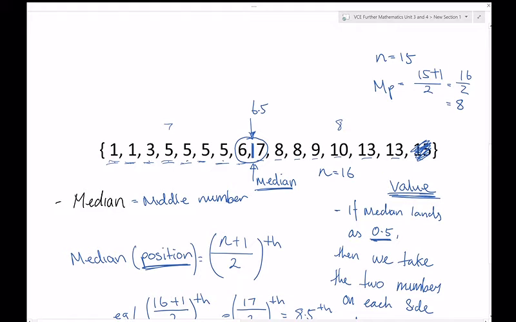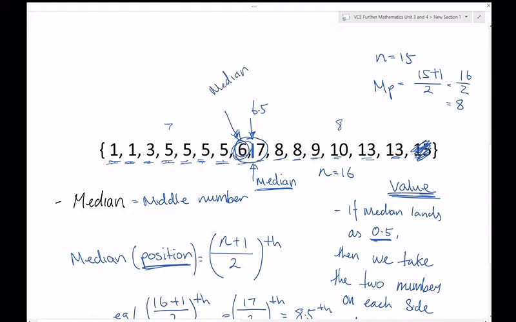So 1, 2, 3, 4, 5, 6, 7, 8. So there's 7 on one side, and then 1, 2, 3, 4, 5, 6, 7 on the other side. So 6 in this case will be the median.